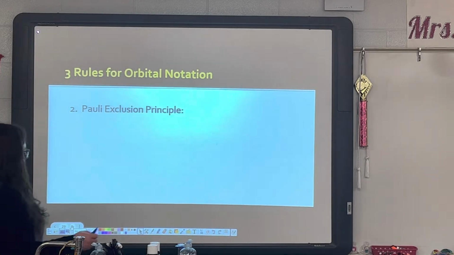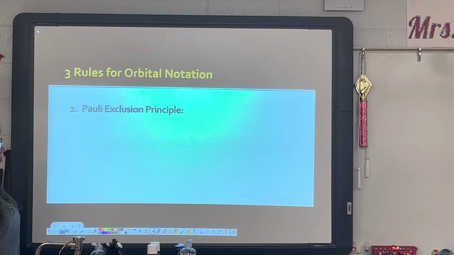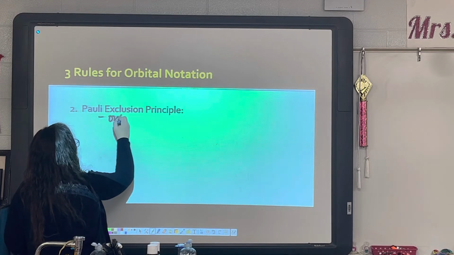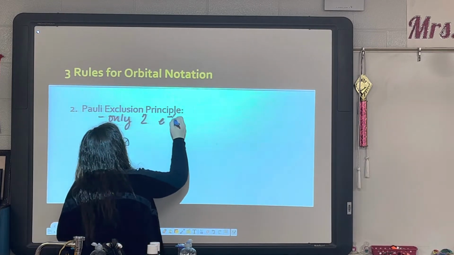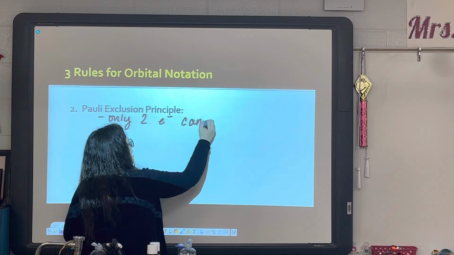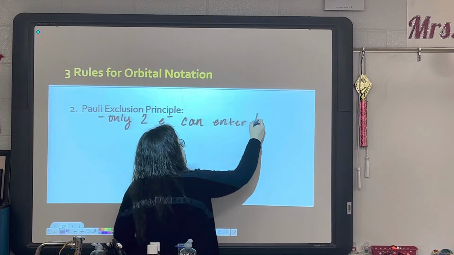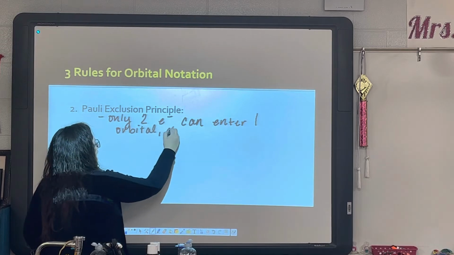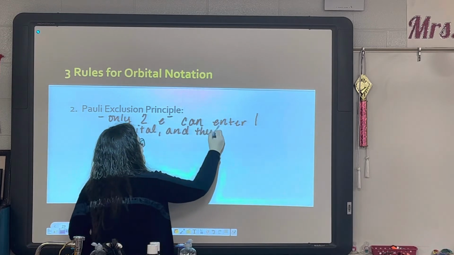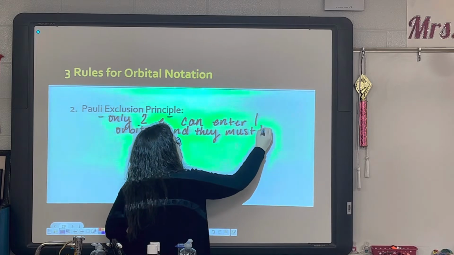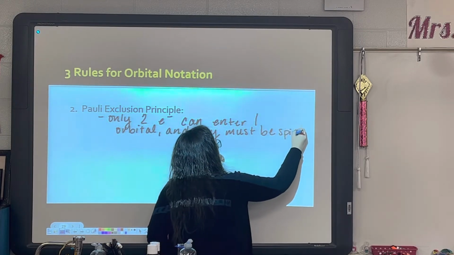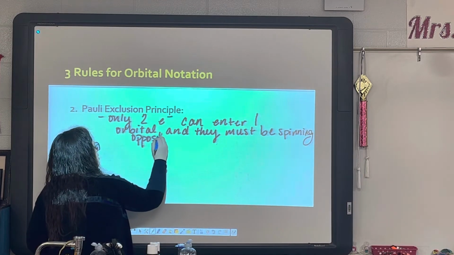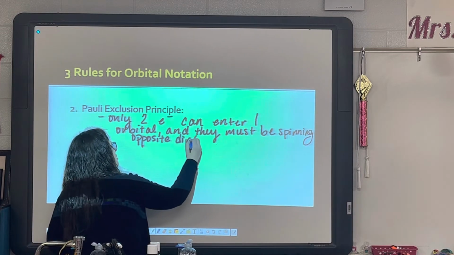Alright, Pauli exclusion principle states that only 2 electrons can enter one orbital, and they must be spinning opposite directions.